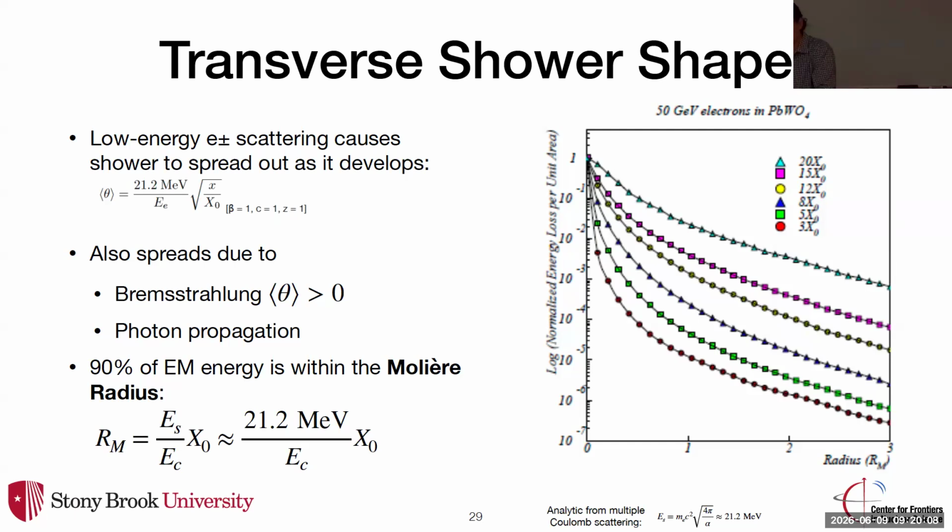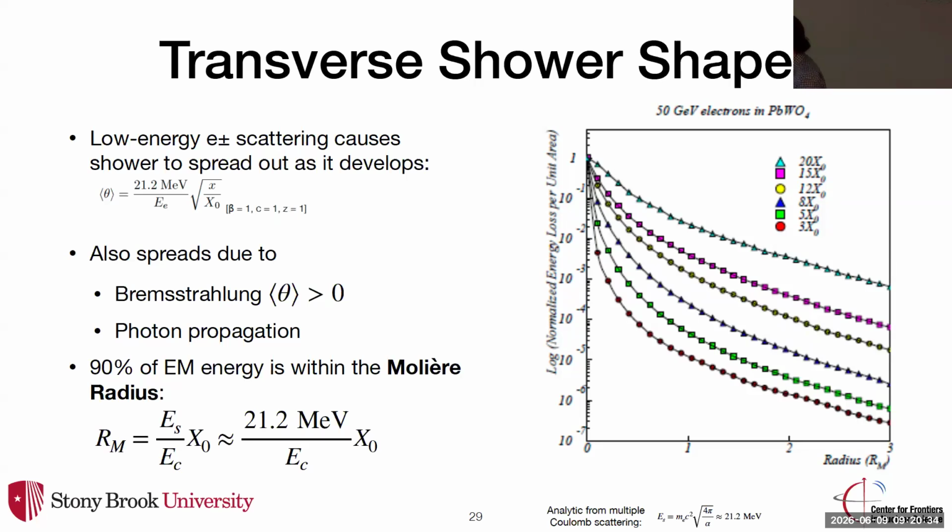So these both tend to take the shower energy and move it laterally as well as deeper in. So we need to characterize our shower not just by its radiation length, but by the radius that contains some fraction of the energy. That's called the Moliere radius, which is this scale energy divided by the critical energy, and that scale energy is around 21 MeV times the radiation length.